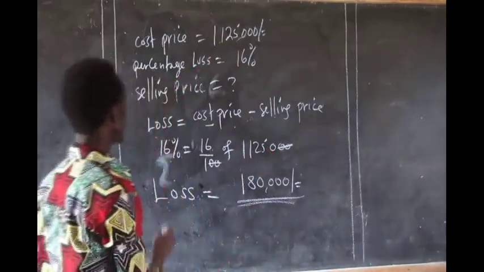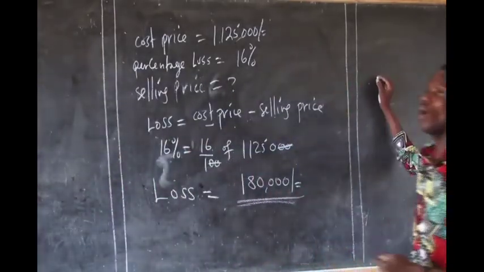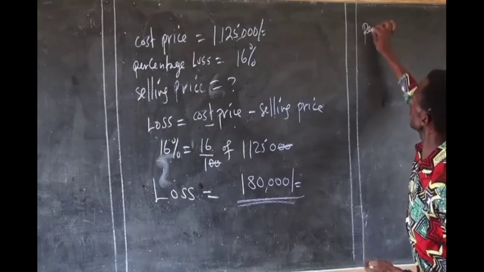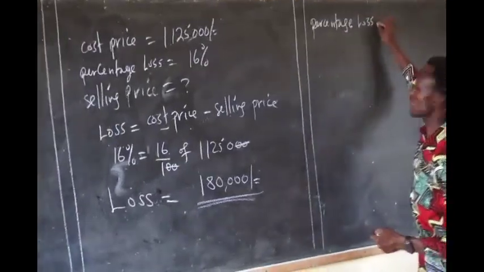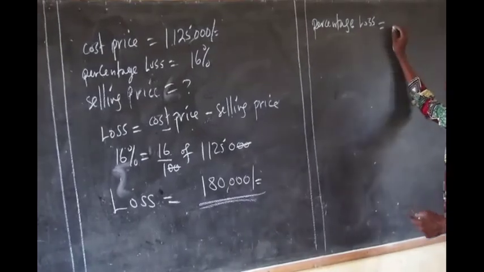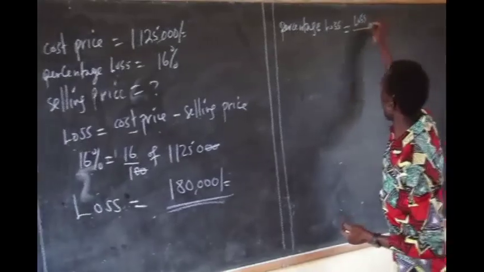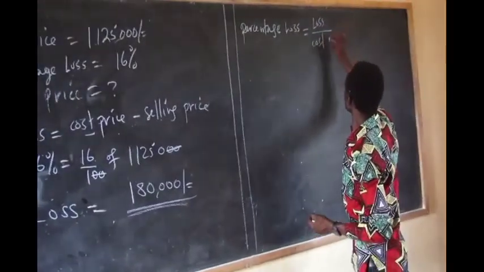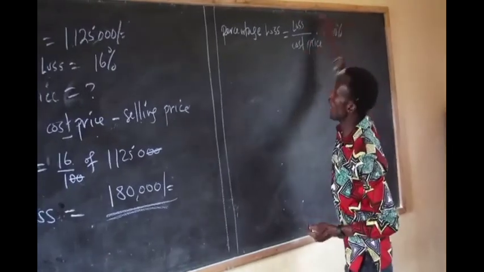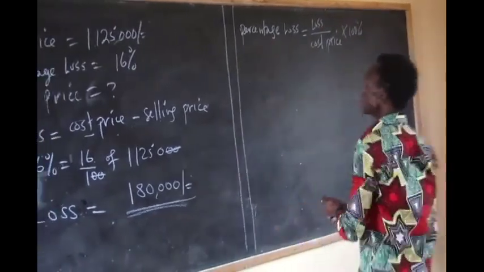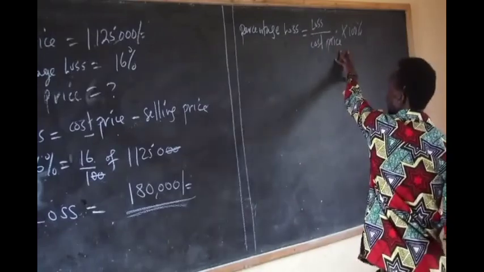Because we know percentage loss is equal to loss over cost price times 100%.